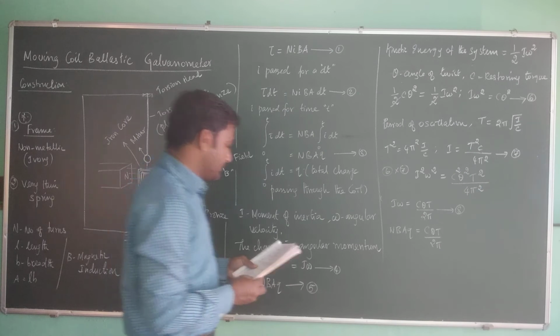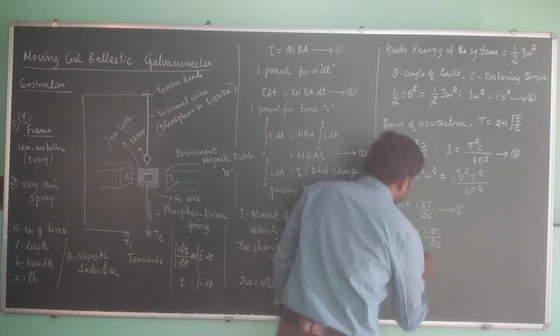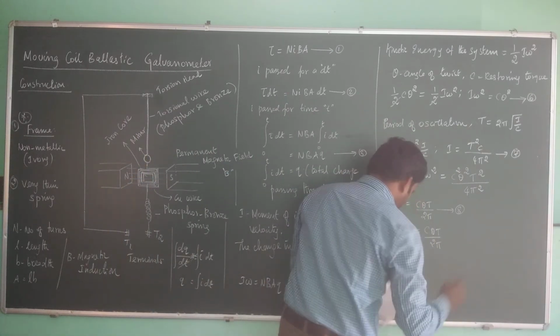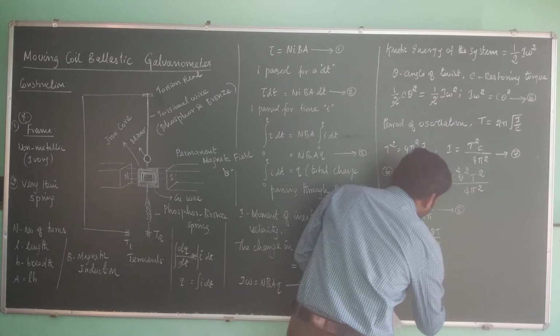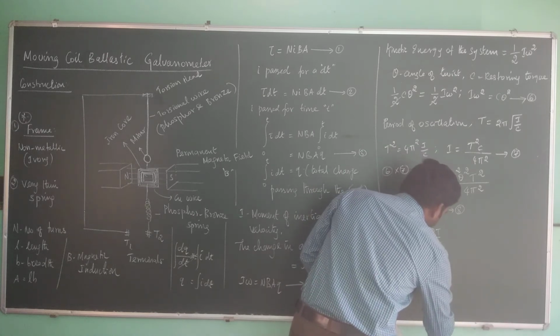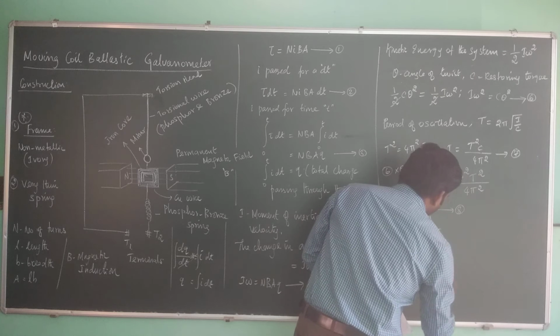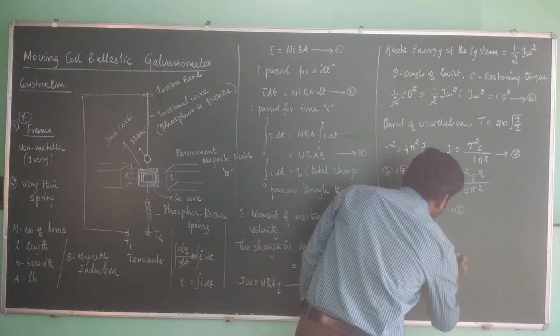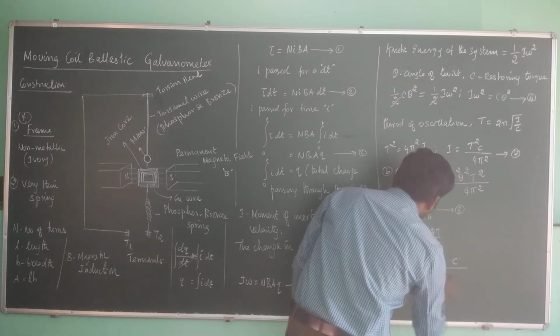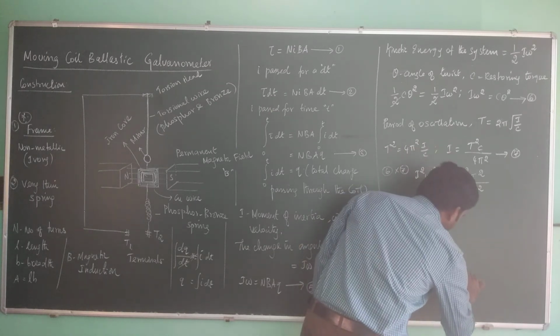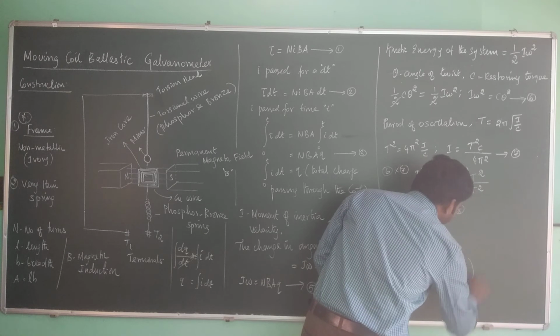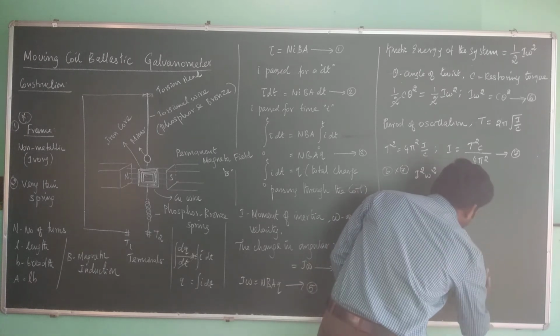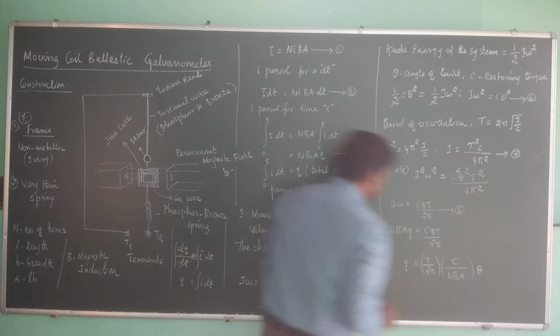Or you can rewrite this equation for Q. So Q becomes C T by 2 pi NBA multiplied by theta, which is equal to Q.